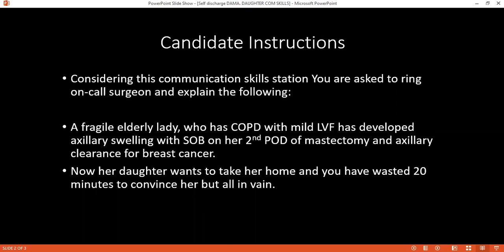But the patient's daughter wants to take her mother home against medical advice, and I advise her to sign all the legal documents, and I give advice on what complications may develop, which signs are red flags, and when she needs to attend the emergency department. I can also write a letter to the GP and social worker. Yes. Okay. And you will make them sign the form as well. Thank you, sir.